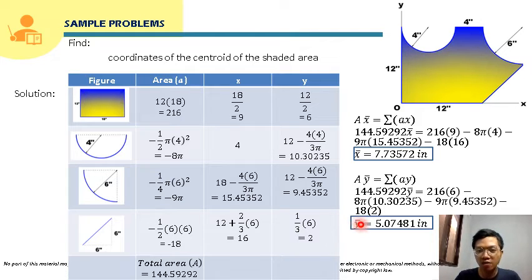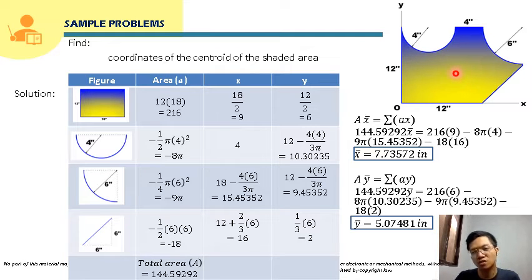So again, we can check if our answer is logical. Basically, if the x bar is 7.73, since this is 18, we can assume that it's somewhere here. And then the y bar is 5.07, so we can assume that our answer is somewhere at this point, right? 5, so half of 6.